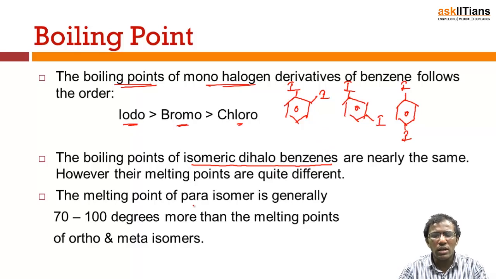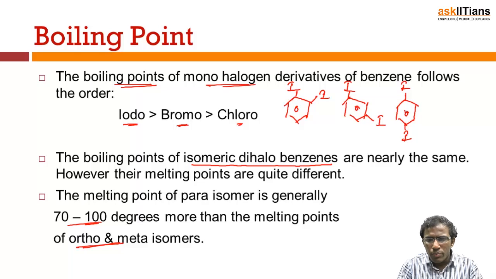So let's see the reason for that. The melting point of the para isomer is generally 70 to 100 degrees centigrade more than the melting points of the ortho and meta isomers. These two have almost the same melting points, but the para has 70 to 100 degrees more. So what's the reason for that? We'll get the answer in my next slide.